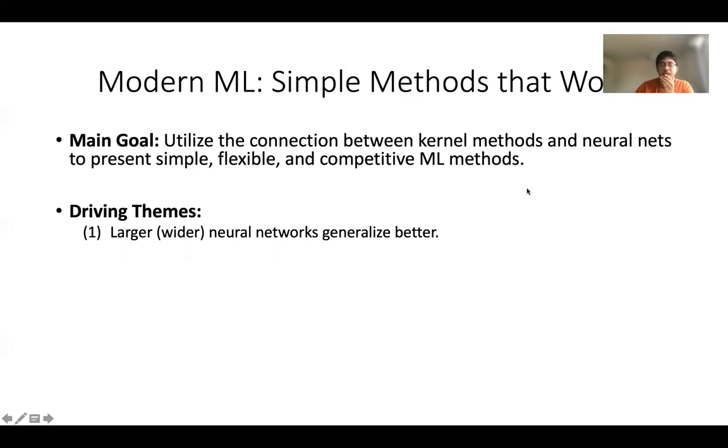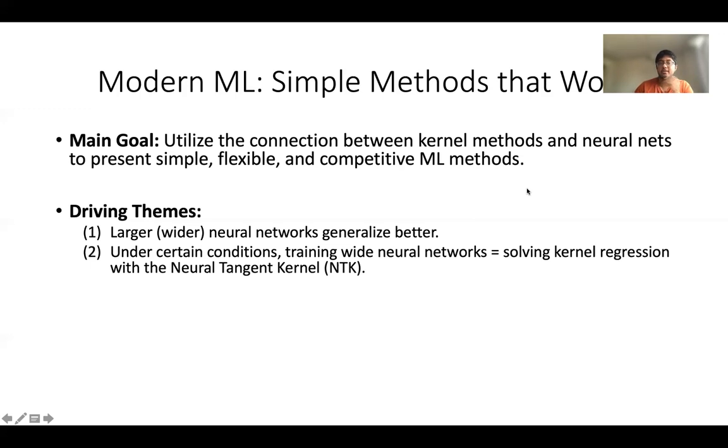The other driving factor for why we're able to produce these simple methods that work is that under a certain set of conditions, training super wide, so super large, neural networks is actually equivalent to solving kernel regression with a specific kernel called the neural tangent kernel. This is an astounding result because we're connecting a very classical, simple method of kernel regression with training this very complex object, which is a neural network.